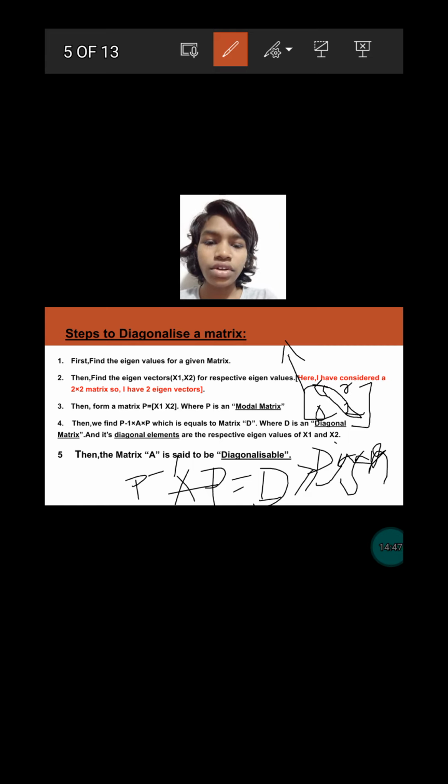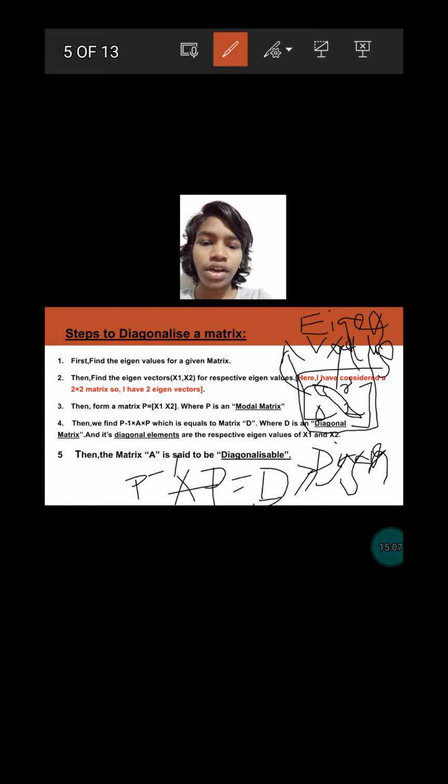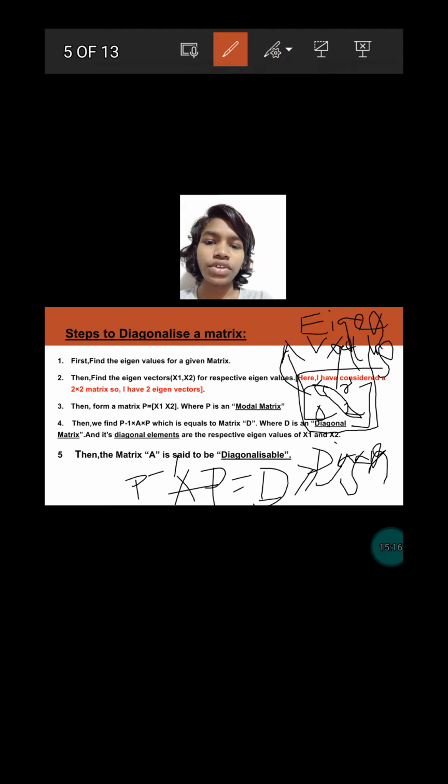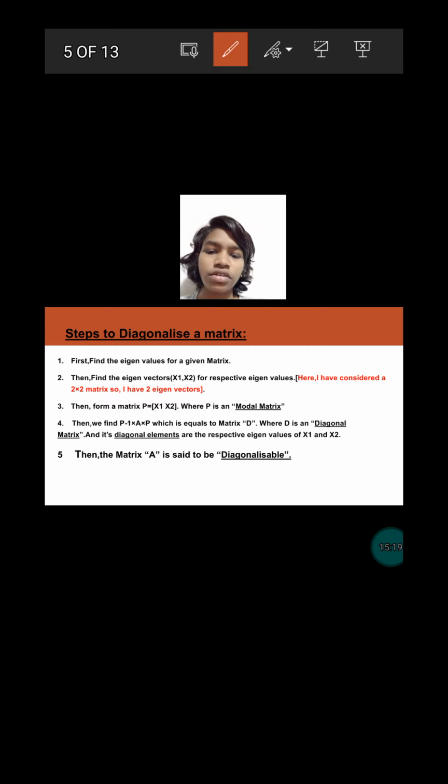Here 1 and 2 are eigenvalues, and it seems to be a diagonal matrix, yes, and its principal diagonal elements are eigenvalues. Then that matrix is said to be the diagonalized matrix of that respective matrix.